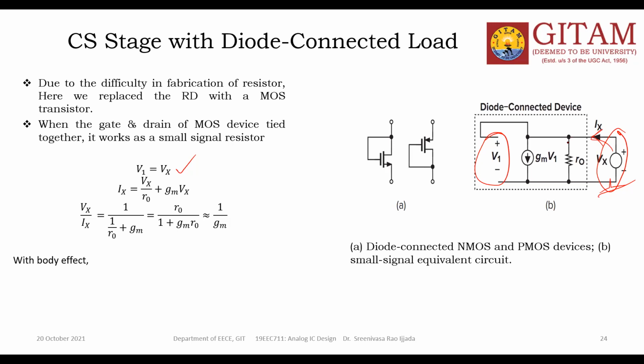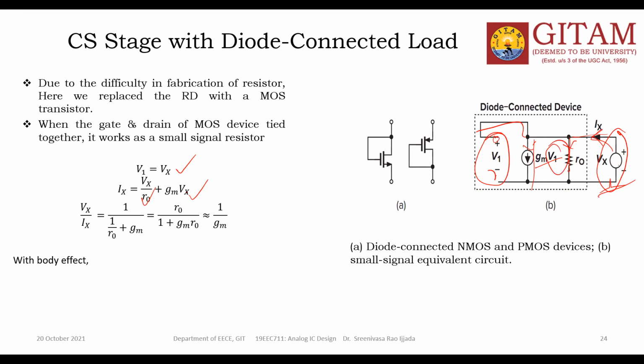Okay. Anyhow, find the Ix current. Ix is equal to this current plus this current. This is open circuit so there is no current this side. So what is this current? gm into V1. What is this current? Voltage Vx by R0. So in place of V1, I can write Vx.